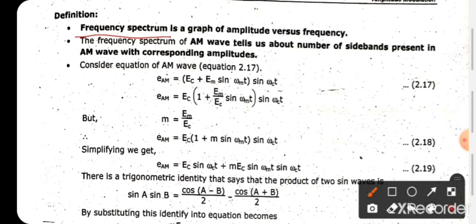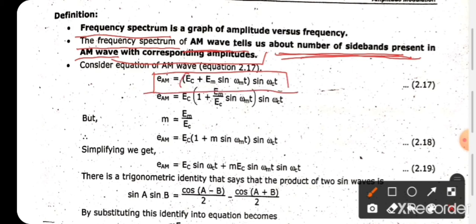The frequency spectrum of an amplitude wave tells us the number of sidebands present in the amplitude wave with corresponding amplitudes. It means how many sidebands are present in the amplitude modulated wave signal. Now consider the amplitude modulated wave, that is eAM equals (Ec plus Em sine omega mt) sine omega ct.